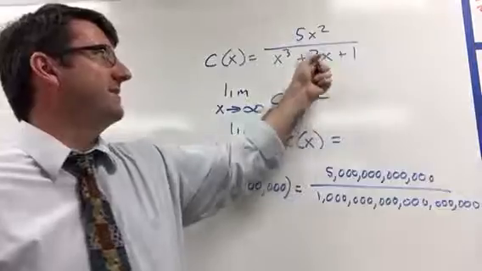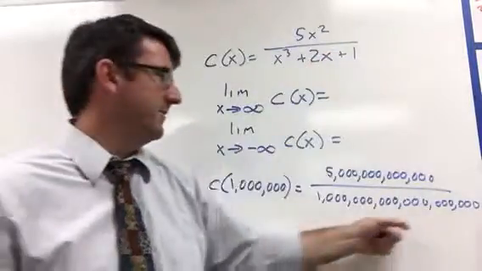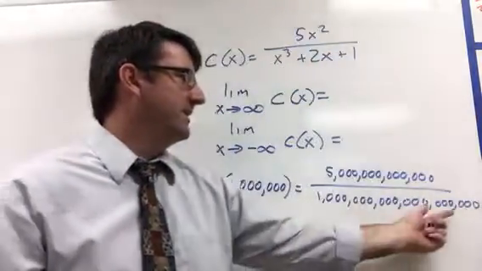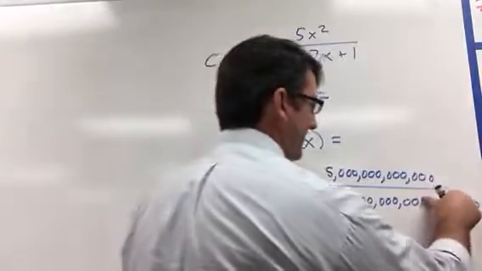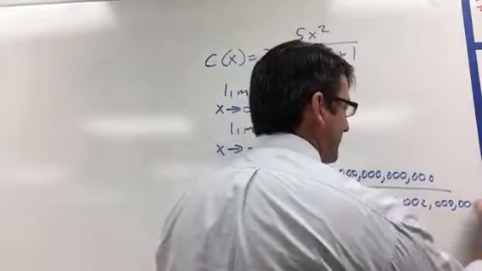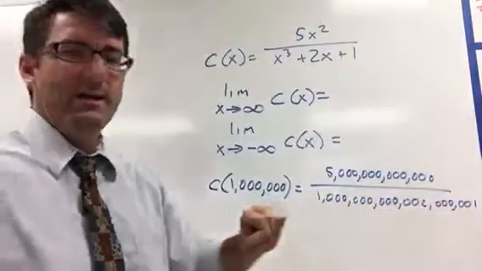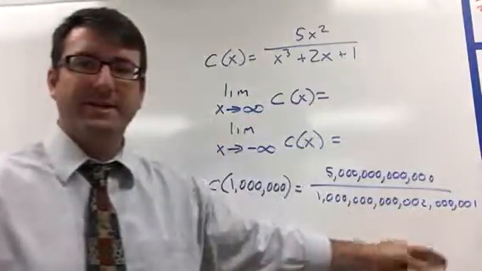And there's some other stuff here. There's 2,000,001 that we'd add on to there. But 2,000,001, I mean, that's so small that we really don't even have to consider that at all.